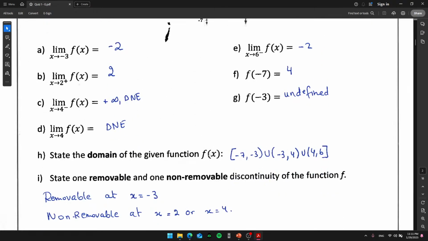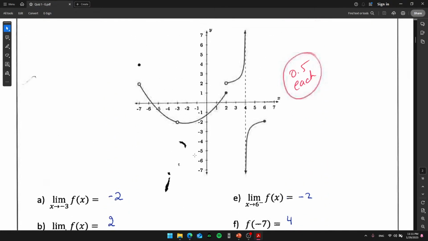Stated domain. -7 closed bracket till -3 open bracket, union -3 open bracket to 2.